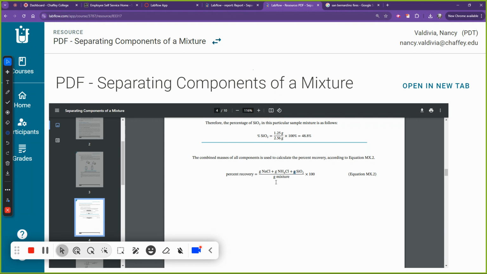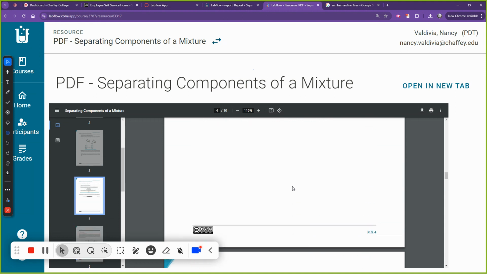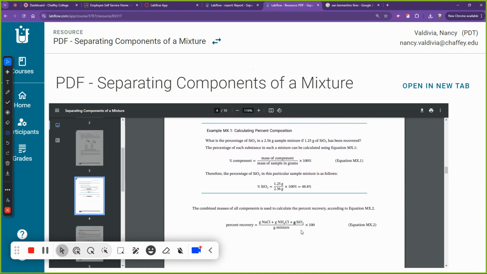We want to know, did we actually get 100% of everything, or a little bit less? So your next step is to take all of your masses and divide by the mass of the mixture.